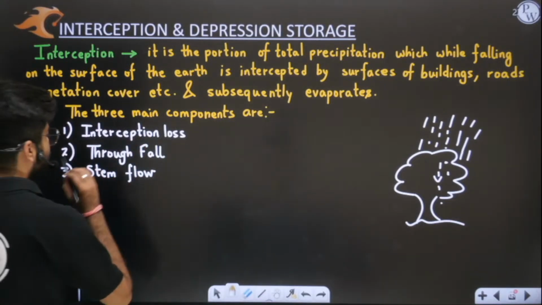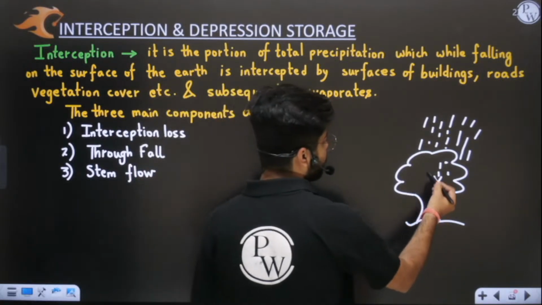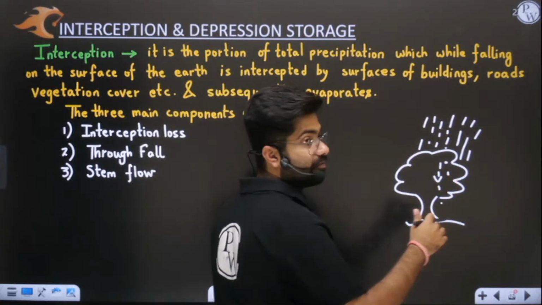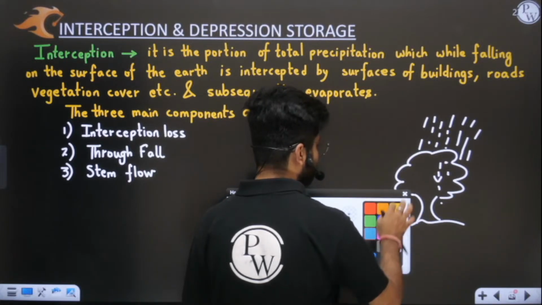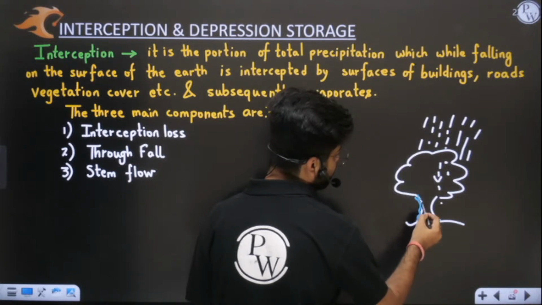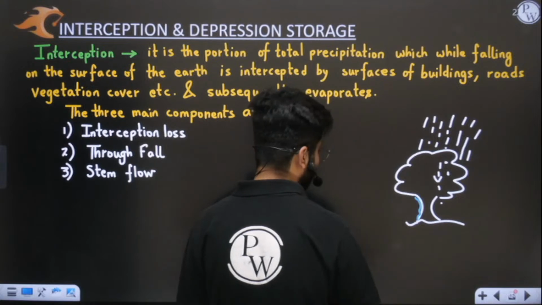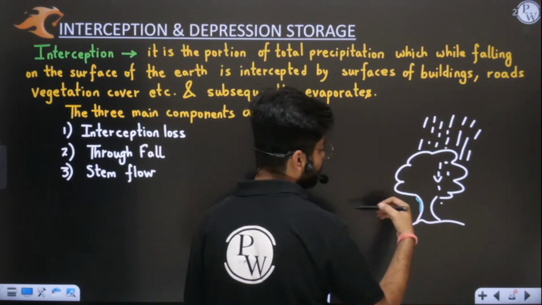Now, what is stem flow? Stem flow means obviously some part of water after rainfall, you must have seen, trickles down on this stem. Whatever water trickles down and evaporates subsequently is stem flow.